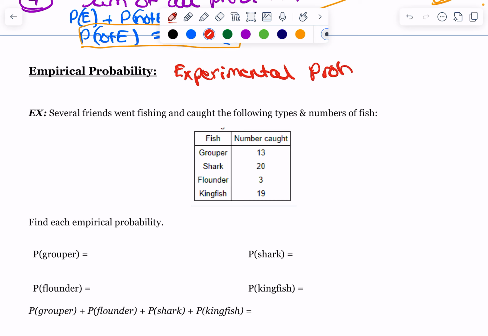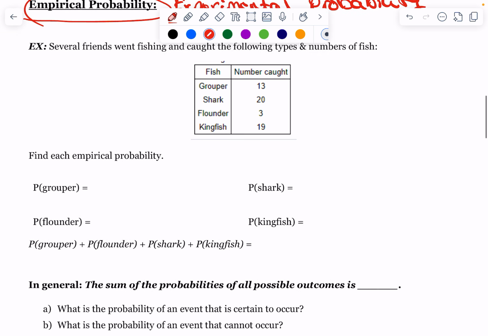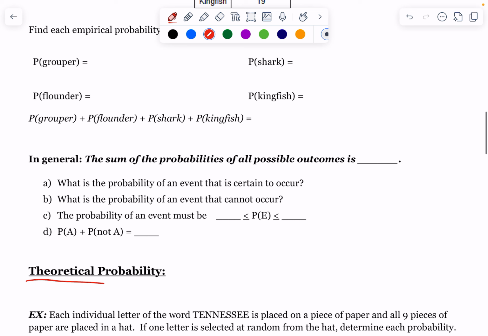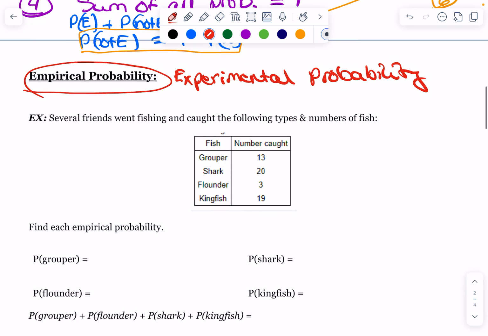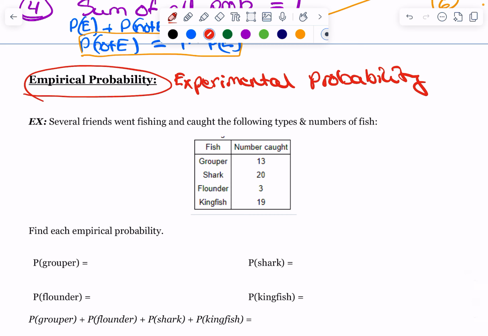Notice that it can be an experiment, an actual thing that happens, whereas theoretical probability is what in theory is going to happen. This is calculated just like we did on the other page: the number of outcomes divided by the number of trials.